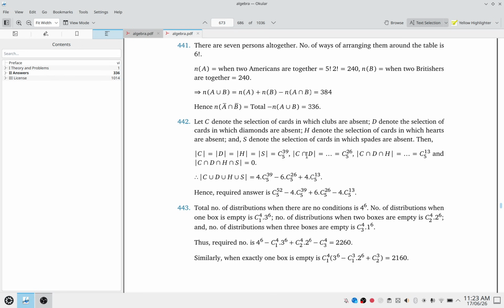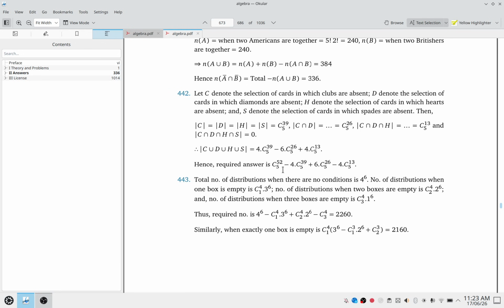Now if you take the intersection of 2, that is 2 suits absent, that would be 26C5. And the intersection of 3 would be 13C5, because now 3 suits are absent. Each suit has 13 cards. And the intersection where all are absent would obviously be 0. So now we take the union and apply the formula from set theory. We have our answer as this much.